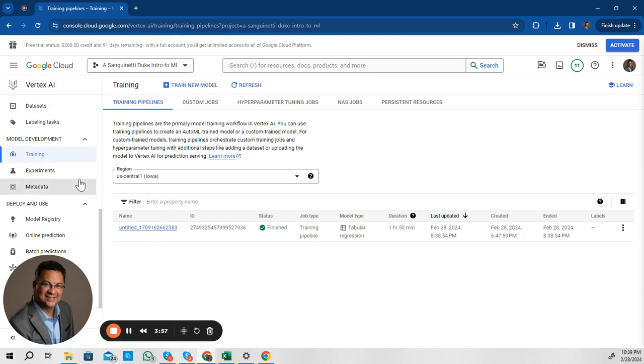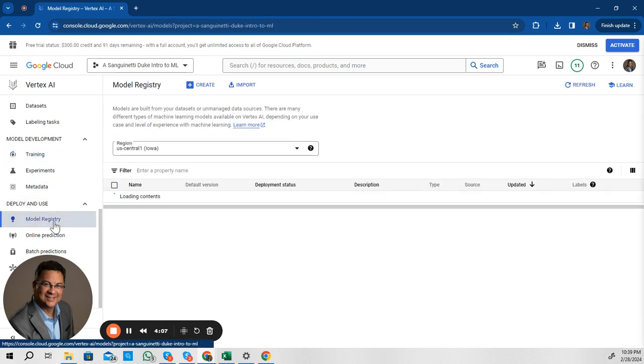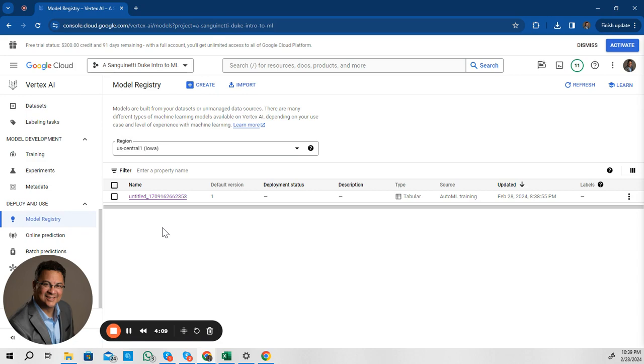Once that was selected, it then went through multiple tabular regressions until it found the best model possible. From here, I will show you that the tool allows you to look at multiple models in the model registry. I will select the model that was used.